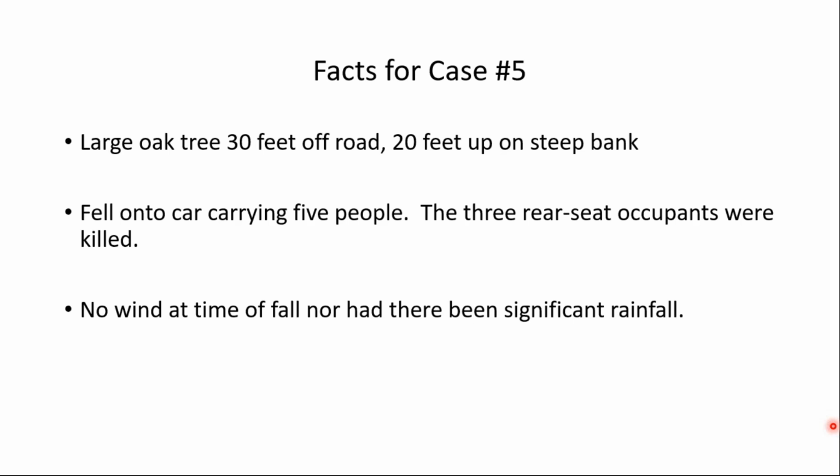To sort of set the stage, the driver of the car was the county school superintendent, so he was well known in the community. He was probably in his mid-60s. In the right passenger seat was his wife, who was about the same age. In the back driver's side seat was the school superintendent's father, who was about 95 years old.